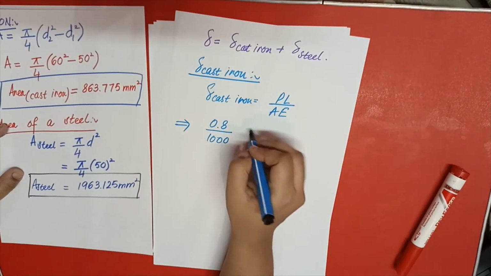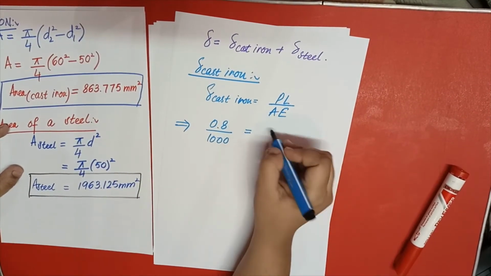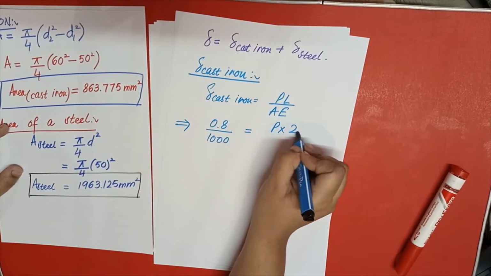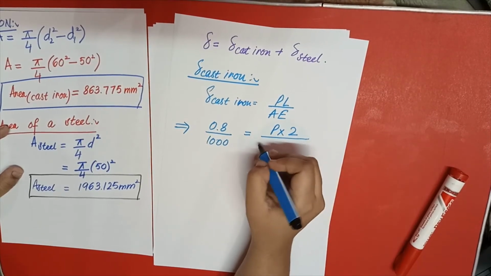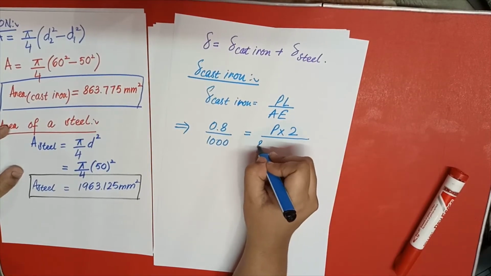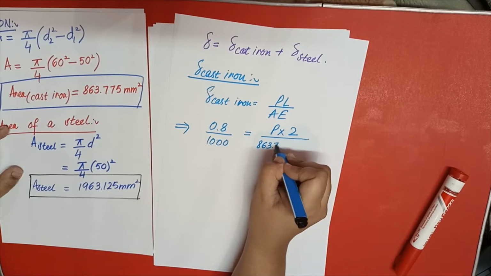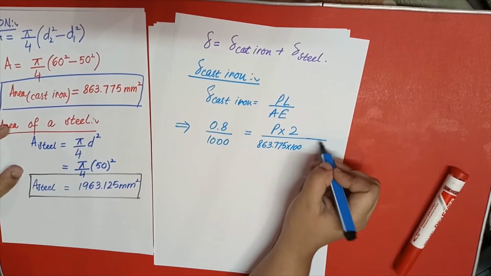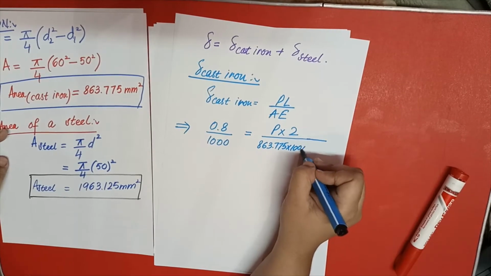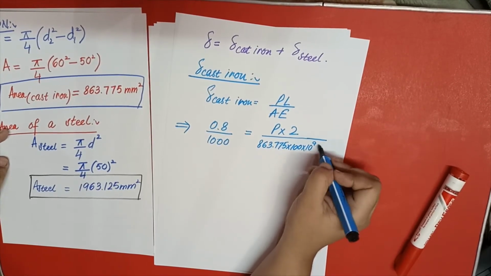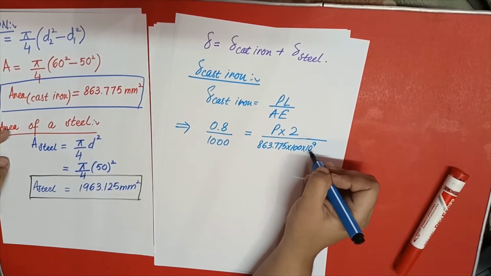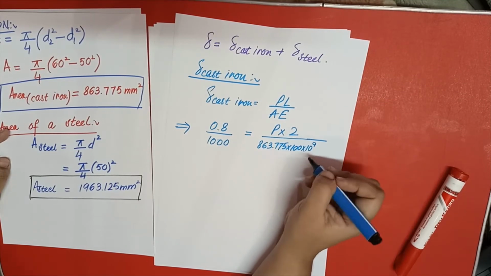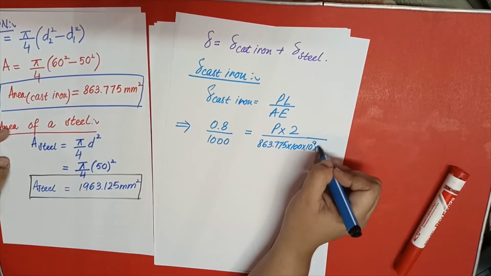So 0.8 divided by 1000 equals P into 2 meter length. Area for the cast iron is 863.775 multiplied by 100 into 10 to the power 9. 100 GPa was given for gigapascal. This is the value of E given in the question, into 10 to the power minus 6.